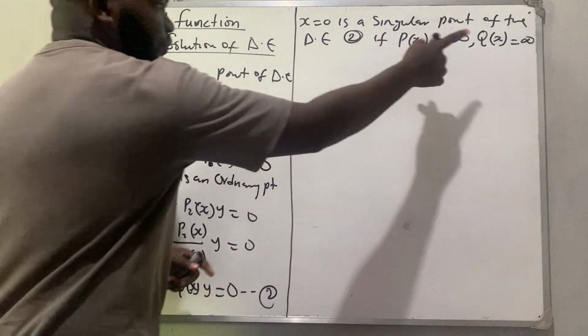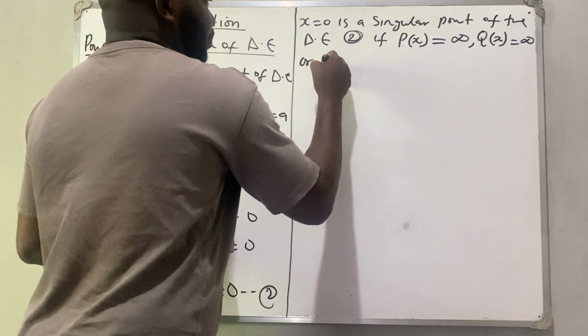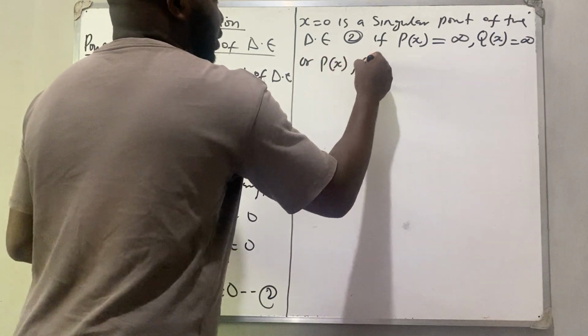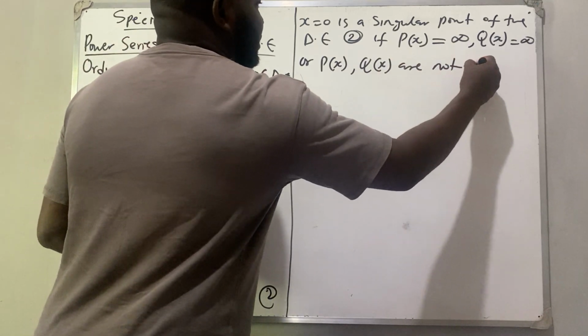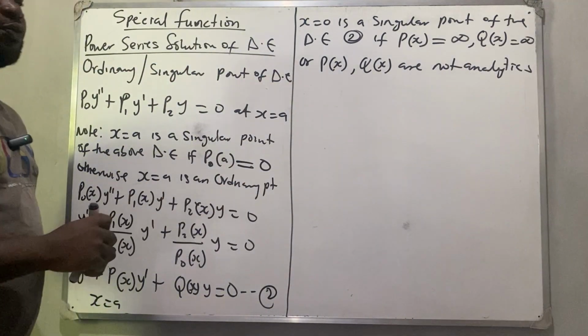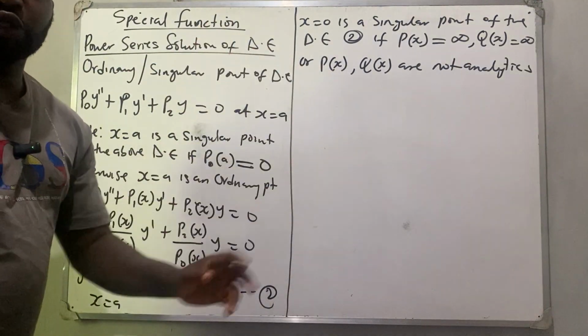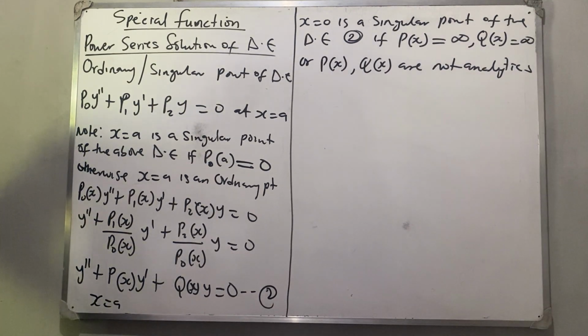And when they are equal to infinity, we say that p of x and q of x are not analytic. So when they are not analytic, it means that they are equal to infinity, because we cannot get infinity to analyze them. You understand? So we say that they are what?